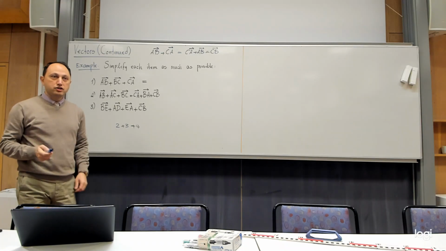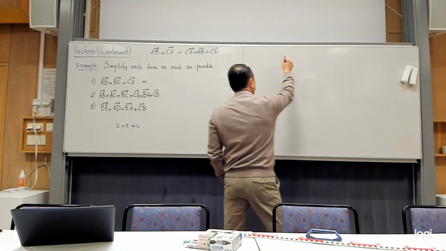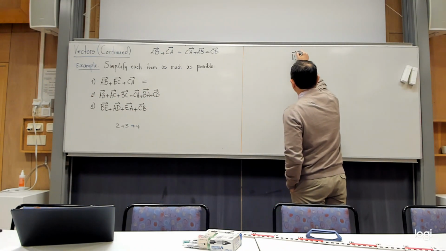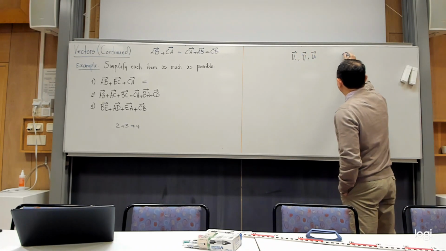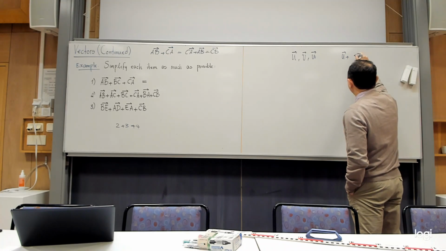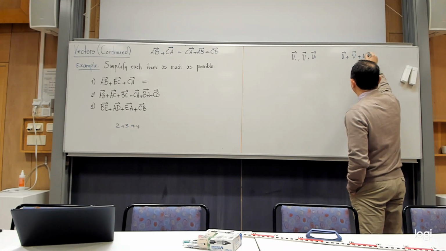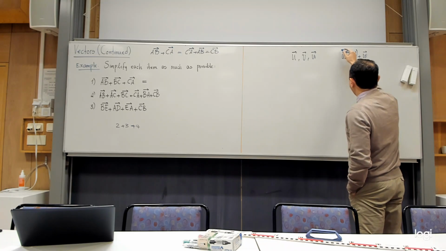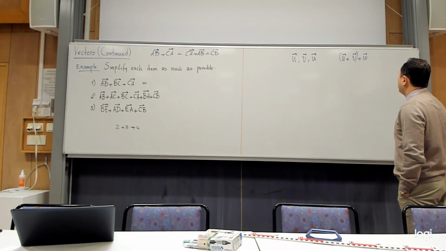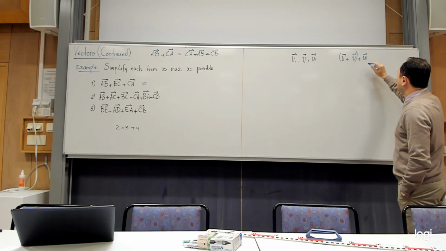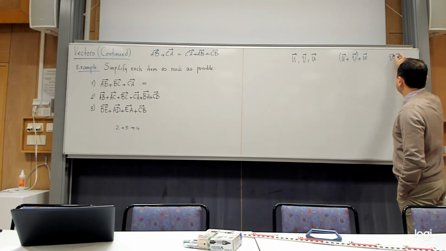If I give you 3 vectors, U, V, and W, do you think there would be a difference? If I am interested in adding these 3 vectors, do you think it matters if I determine this sum first and add the result to W, or add V and W first and add U to it, yes?